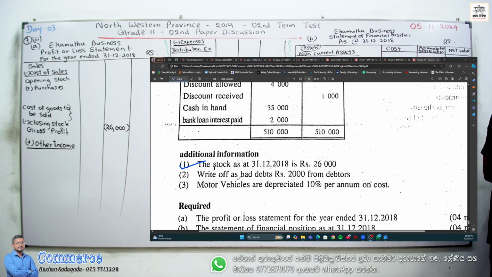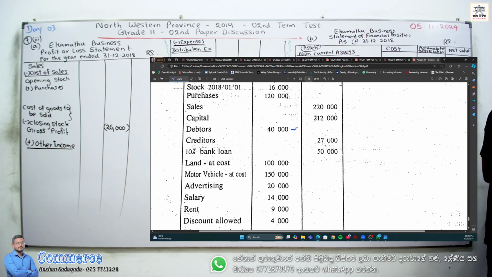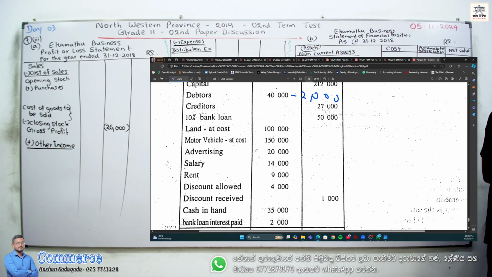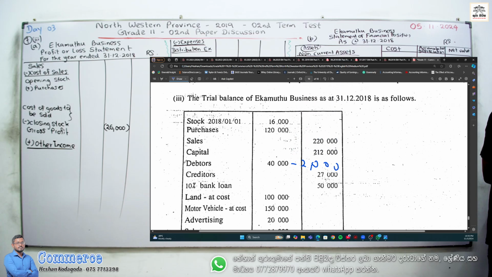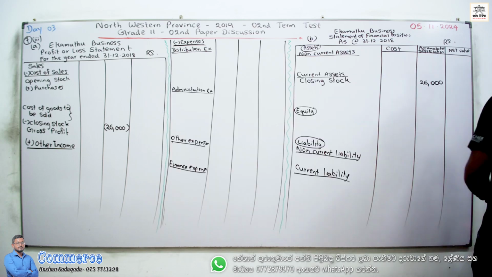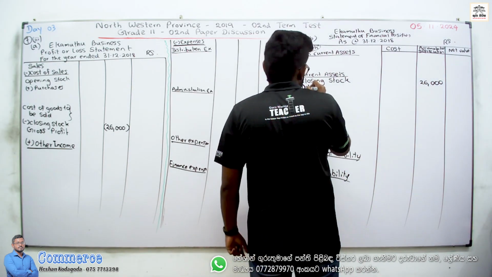Write off as bad debts 2,000 from debtors. Quickly check the debtors, minus 2,000. Cancel it there. Check whether any other bad debts are there. Already written bad debts, no, right? So put a correct mark in here. Once we deduct 2,000 from 40,000, our debtors are 38,000.